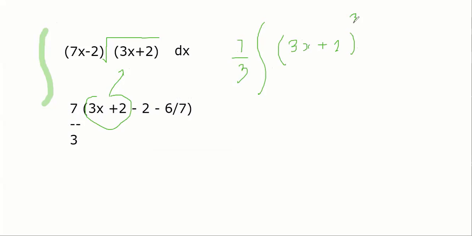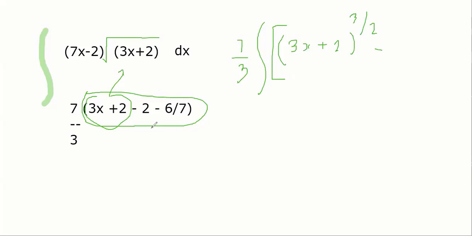Now what will remain? 14 by 3. The 7 by 3 was for everything, right? That is outside anyway. Suppose I put a bracket like this. Yes, it is. Now what is left is minus 2 minus 6.